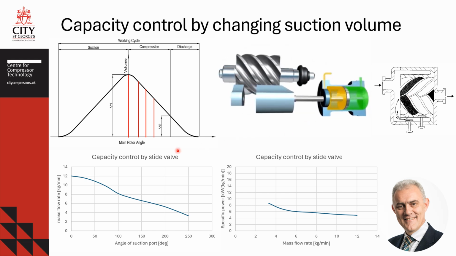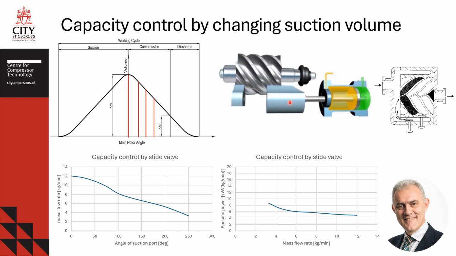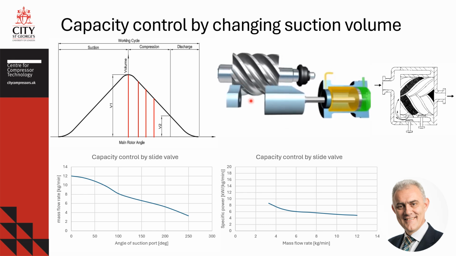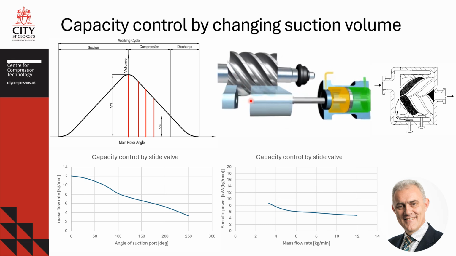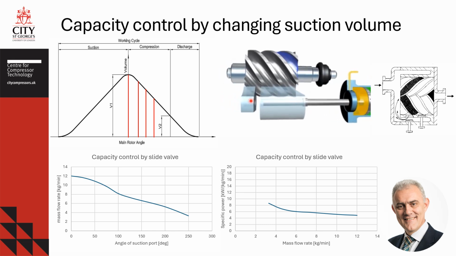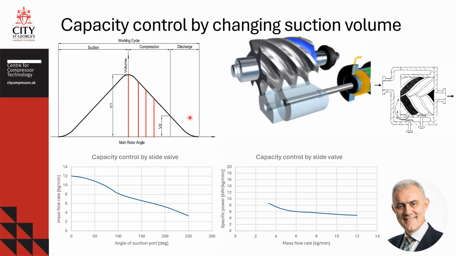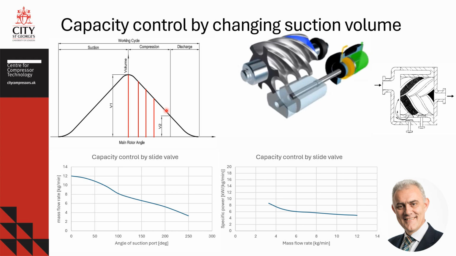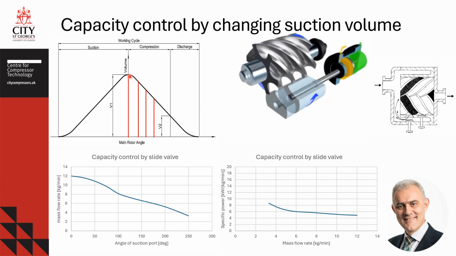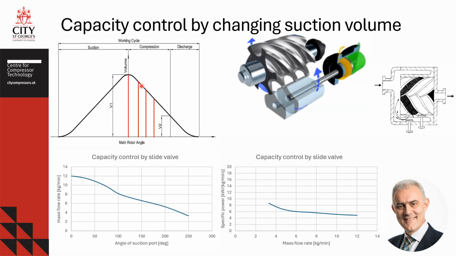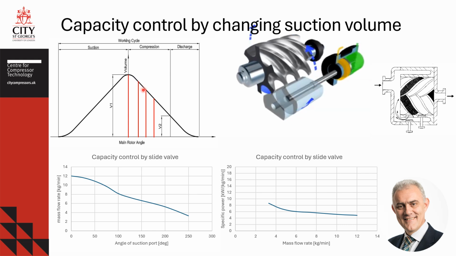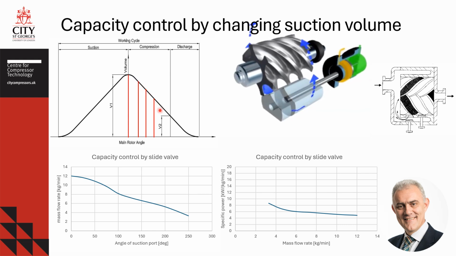As the slide valve moves away from the slide stop, it allows the suction gas to recirculate without a large penalty in power consumption, until the gas is completely trapped by the rotors at the actual position of the slide valve. This delays the start of compression by reducing the volume trapped within the compressor, as shown by successive red lines in this diagram.